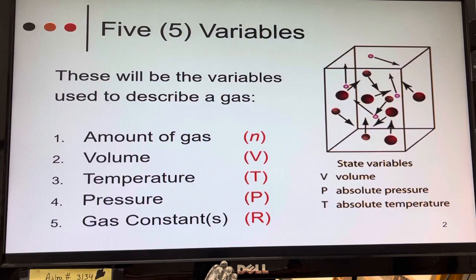The amount of gas, small italicized n. Volume, capital V. Temperature, capital T. Pressure, capital P. And something called a gas constant, which is known as capital R. I'm going to show you how to use all of these in conjunction with each other and how they all relate to each other today.